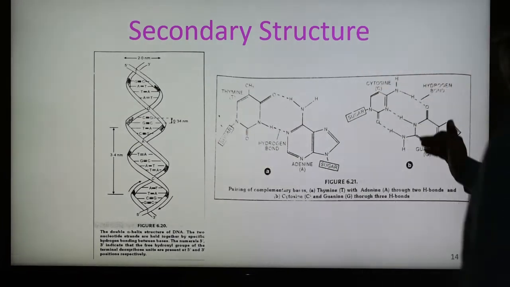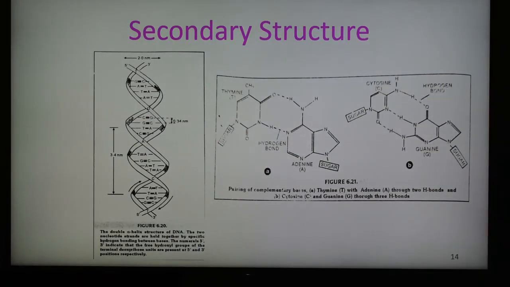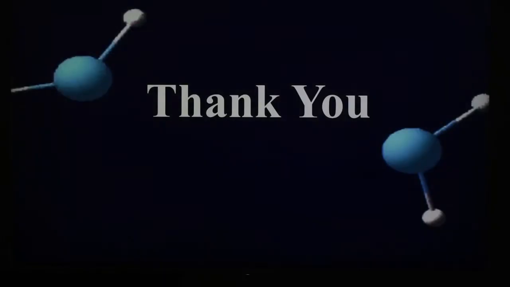In this way, there are different structures A and B. A is thymine with adenine through the hydrogen bonds, and B is the structure which shows cytosine and guanine through the hydrogen bonds. So in this way 2 structures have been shown, and these structures are known as the secondary structure of the nucleic acid. So primary structure and secondary structure, what is DNA, what is RNA, the difference we have also seen.